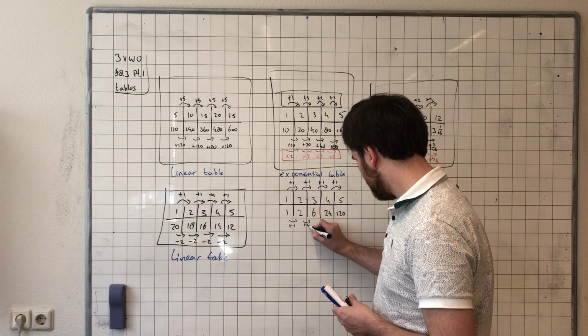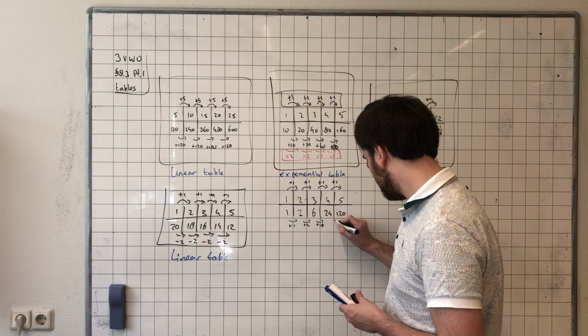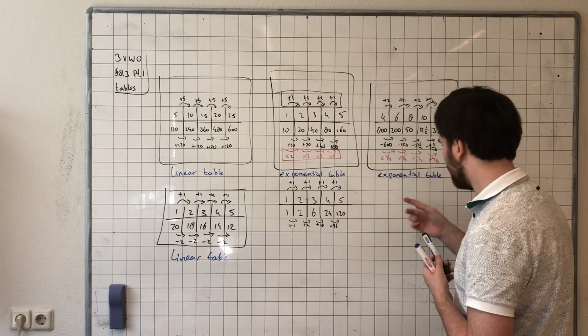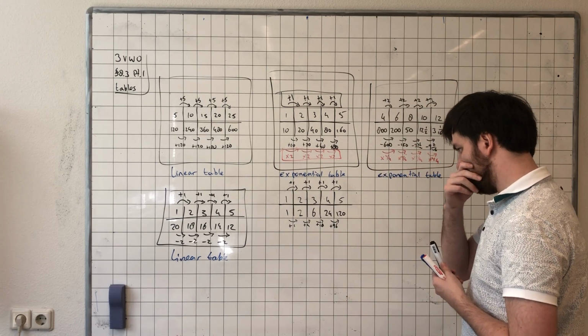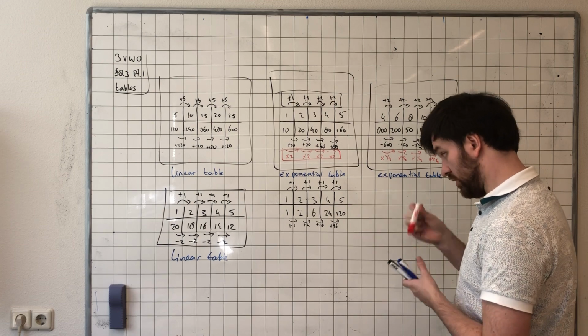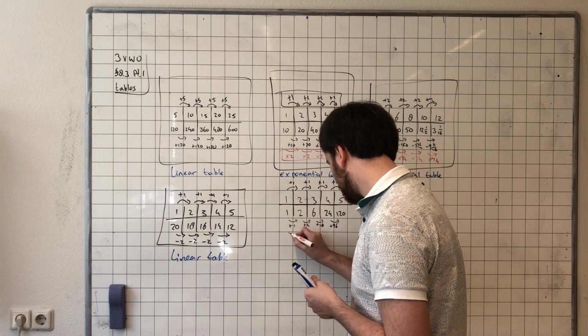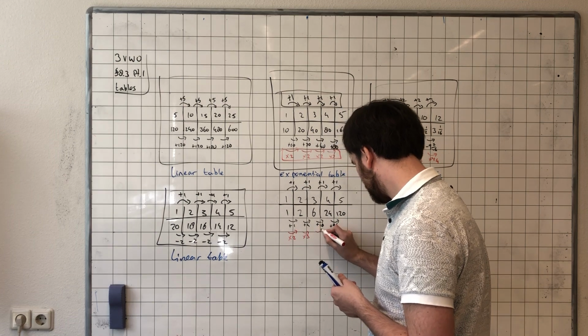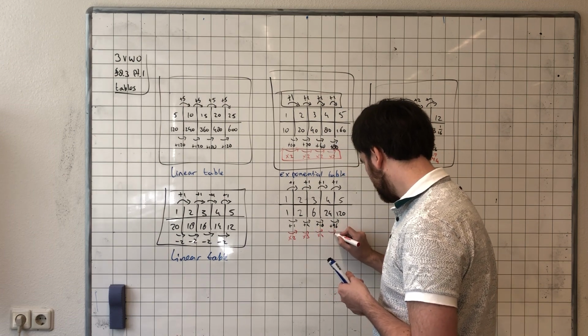And over here you can see an increase. +1, +4, +18, +96. Well, obviously it's not linear. So is it exponential then? Well, we can check that. This is times 2, times 3, times 4, times 5.